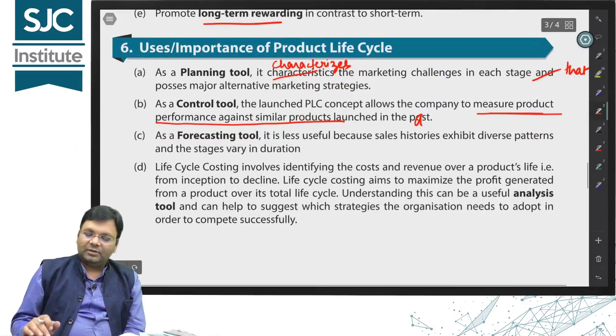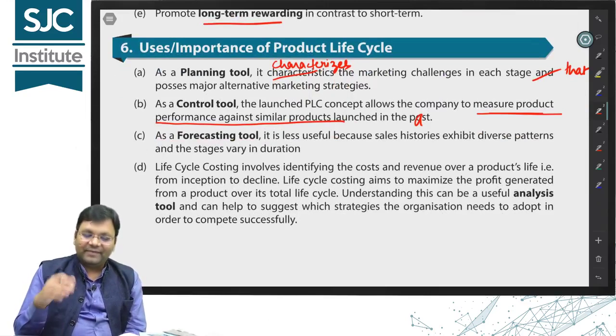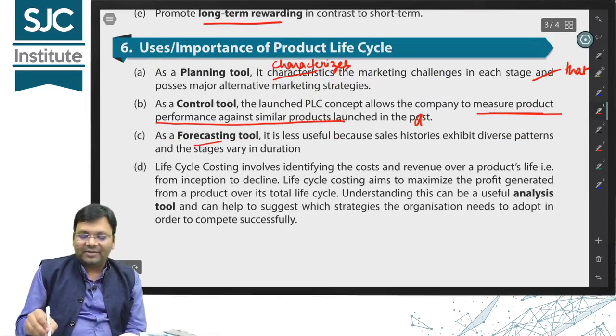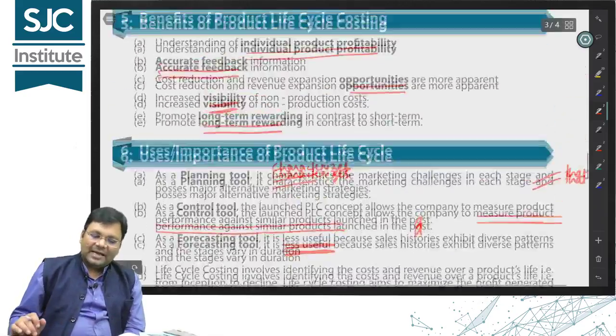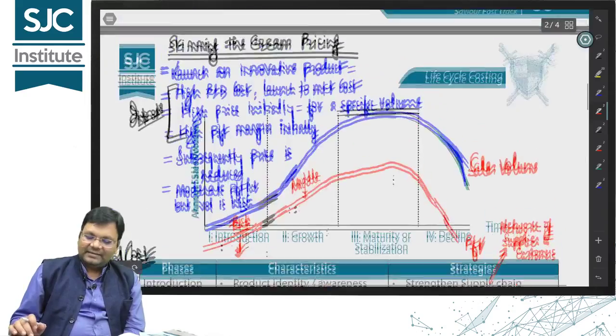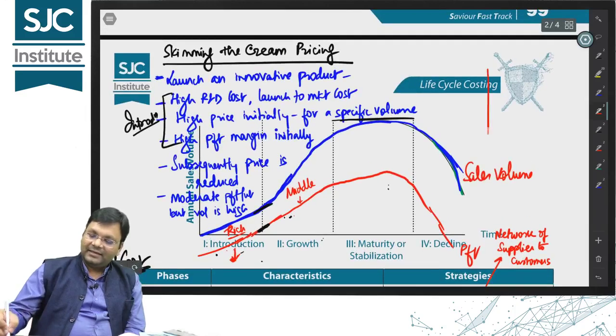As a forecasting tool, it is less useful because, see, usually when we are talking about importance, we keep talking in favor, but here we are not talking in favor. It is less useful as a forecasting tool because what happens in reality is, this sales that we are showing you here in a clear curve, in reality is not like this.